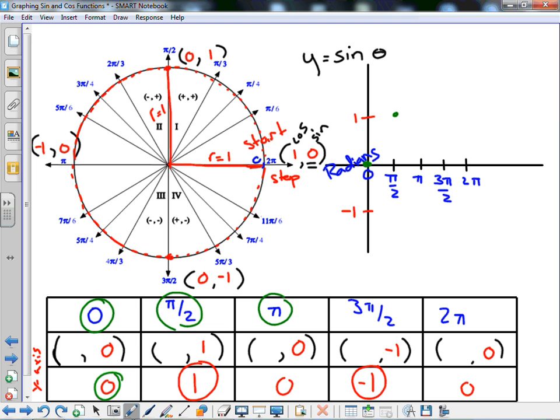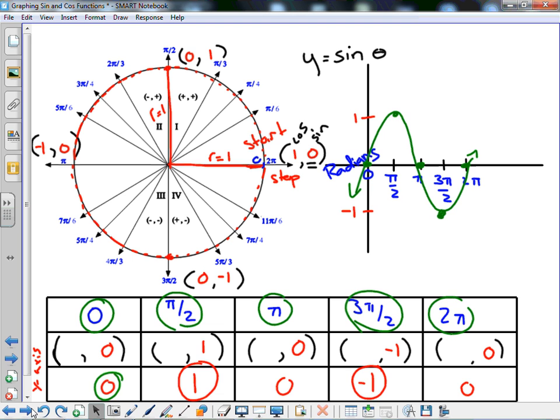At pi, we're at 0. At 3 pi over 2, we're at negative 1. And at 2 pi, we're back at 0. So the sine and cosine are waves, so we curve through the points as a wave.